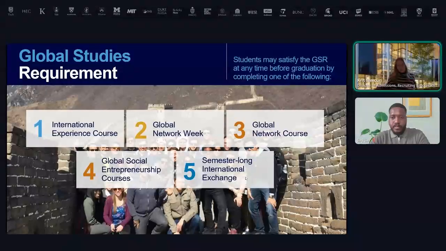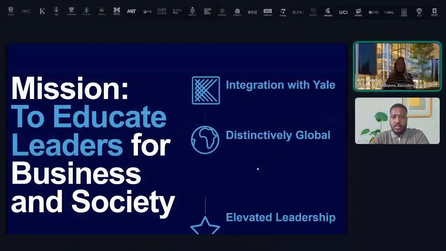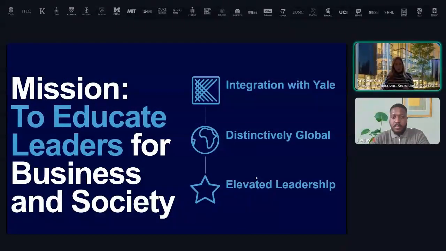So you have a semester long course and you have this 1.5 to 2 week long trip in-country meeting business leaders, government leaders, etc. Each year, there's about 6 to 8 different locations to choose from in that offering. So as you start adding this up, you get a sense for the selection, but also the diversity of options. Okay, and again, there's more to talk about, but I want to keep this relatively brief.